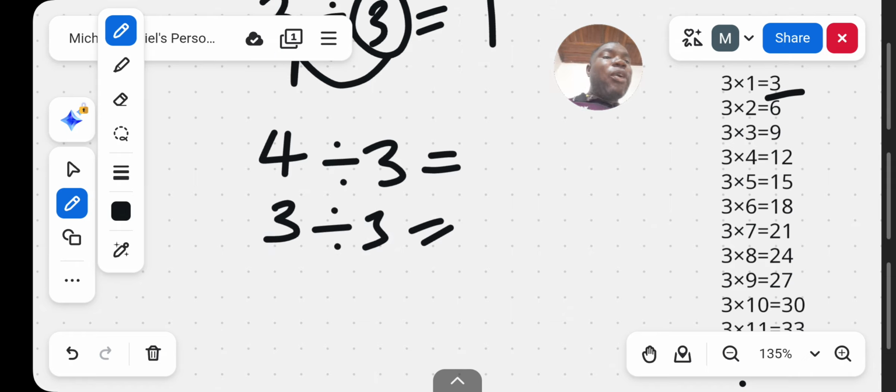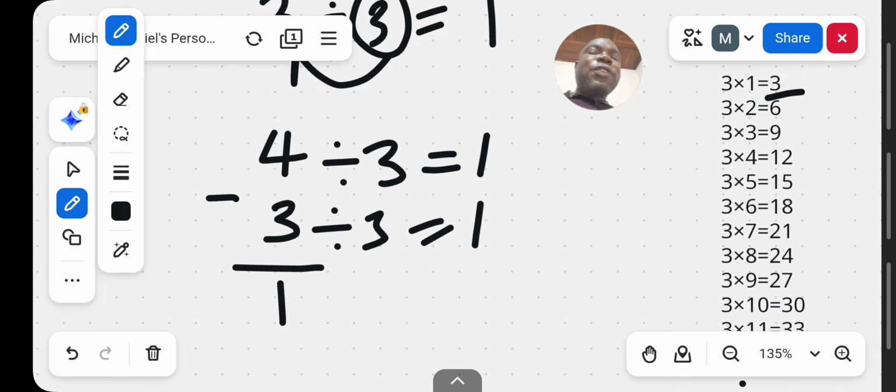Now, 3 divided by 3 is 1. So that means 4 divided by 3 will also be 1. But now for that 4, there's going to be a remainder, so we have to subtract. 4 minus 3 is 1. So that means 4 divided by 3 is going to be 1, remaining 1.